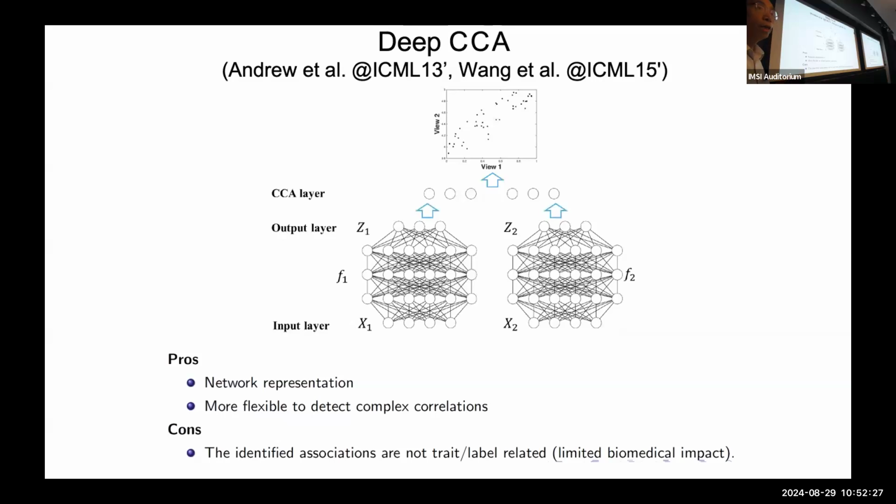This model can include deep CCA as a special example. Deep CCA only finds the complicated interactions between imaging and genomic data, but it does not link with phenotypical traits. Our deep collaborative learning can do both.